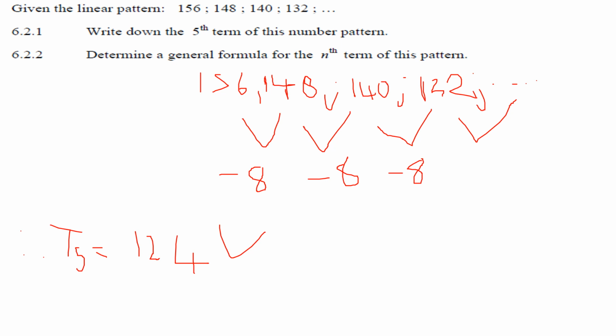In question number 2, they say determine the general formula of the nth term of this pattern. Remember, this is a linear pattern. A linear pattern is an arithmetic sequence. So we already have a common difference, which is d. We already have the value of d, which is minus 8.